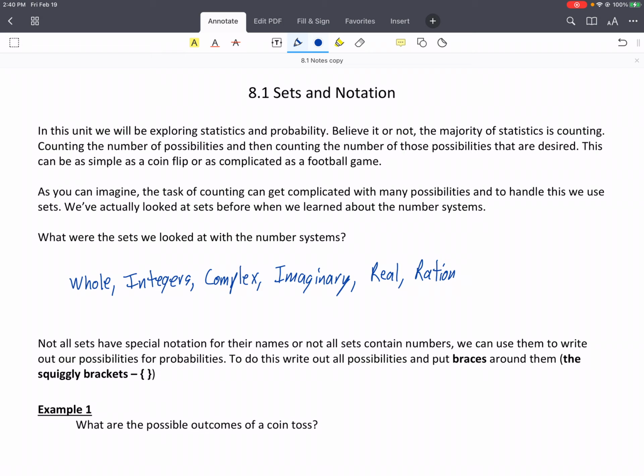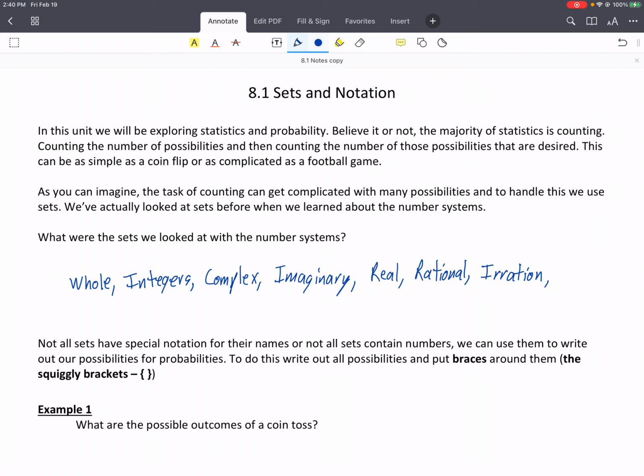Oop, I didn't finish rational there. Rational, irrational, then we had the integers, then we had our whole numbers.